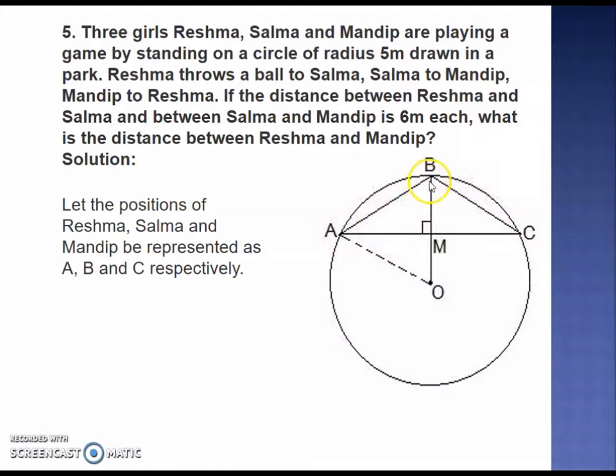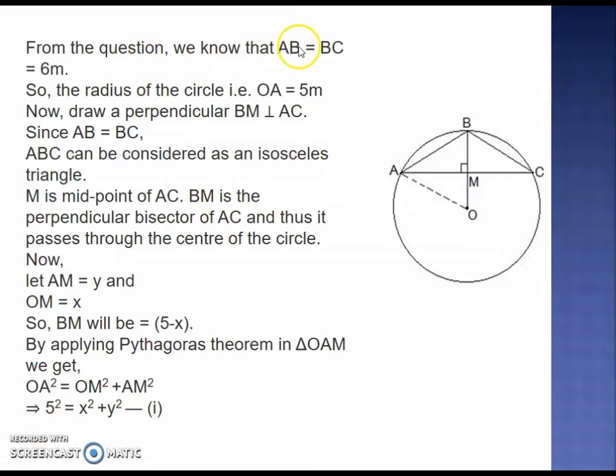Distance between AB and BC is equal, that is given as 6 meter, and distance between AC is what you have to find out. Radius is given, that is OB, OA, that is given as 5 meter. So given things are AB is equal to BC is equal to 6 meter and OA, that is radius of this circle, is 5 meter.